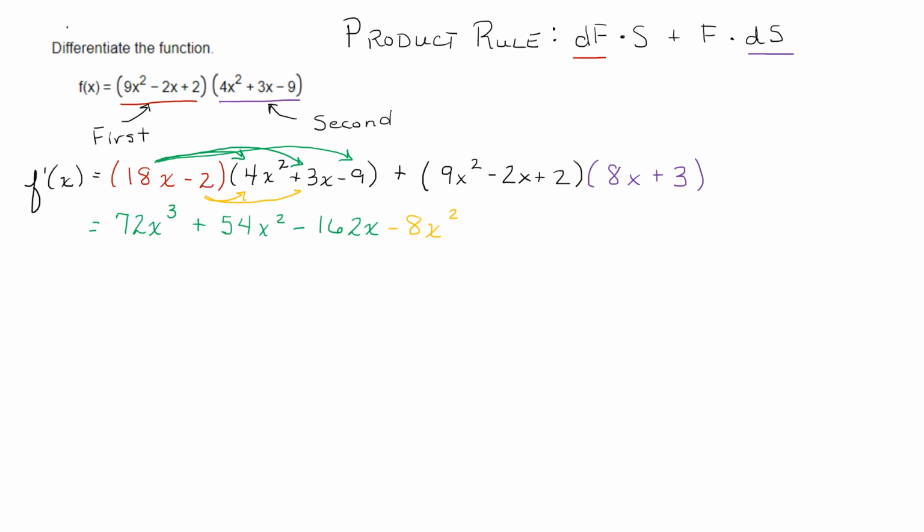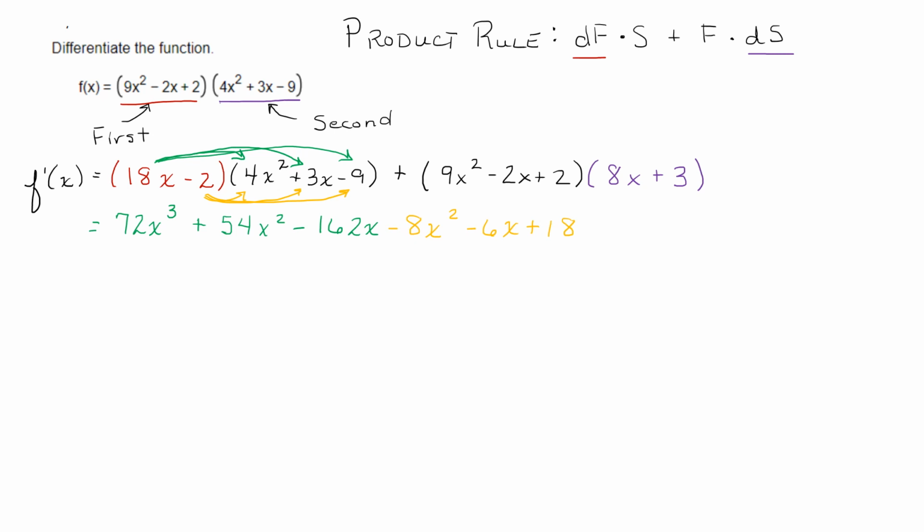Negative 2 times 3x is negative 6x, and negative 2 times negative 9 is positive 18. So we have finished the distribution for the first term there, and let's move over to the next one.